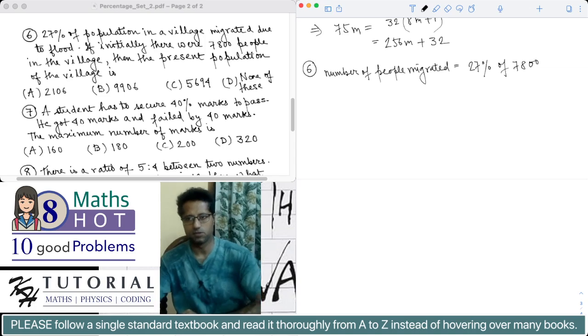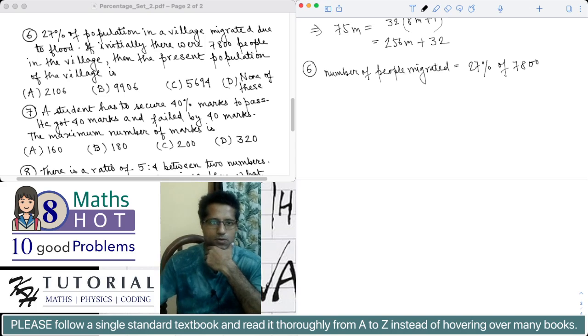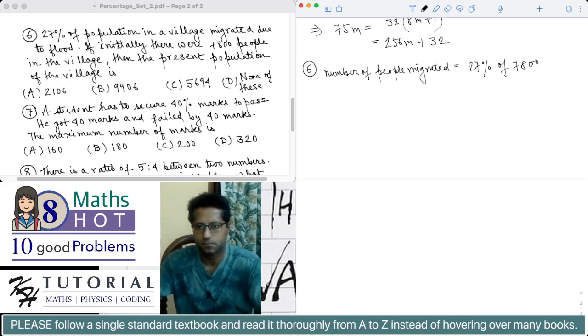So 27% of 7,800 will be the number of people who left the village due to migration. Now this is equal to 27 by 100 multiplied by 7,800.